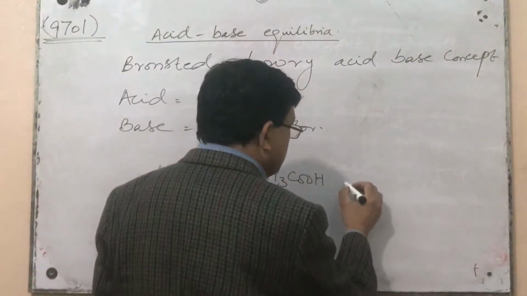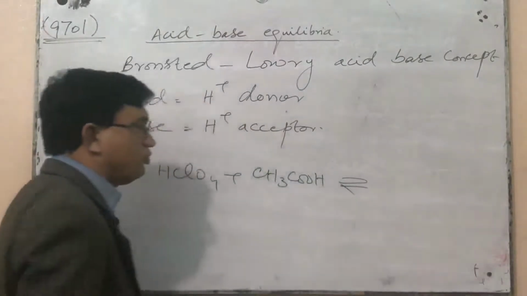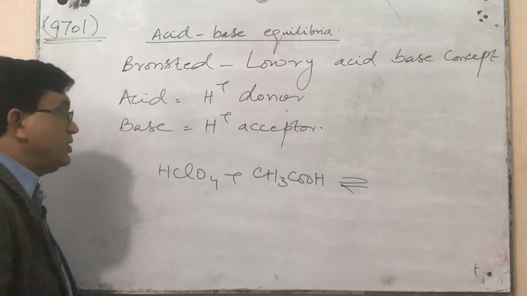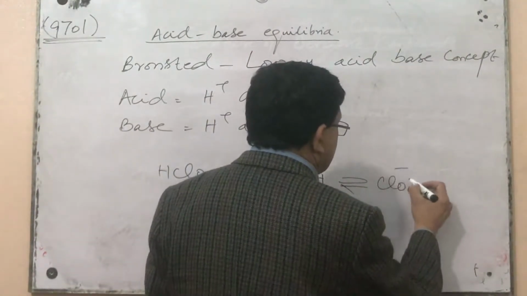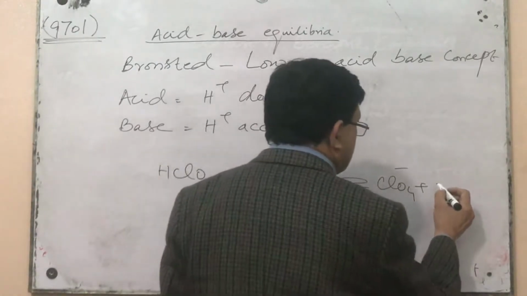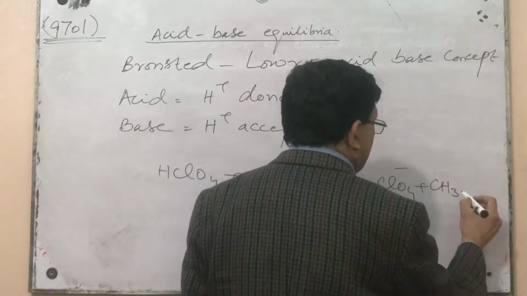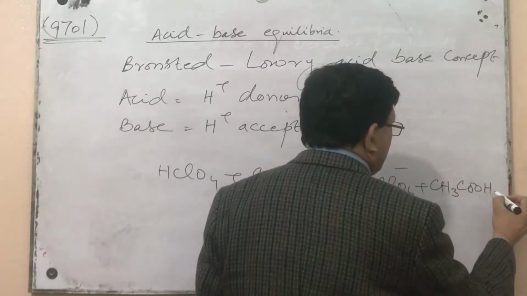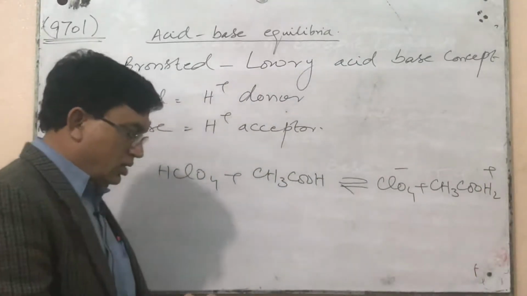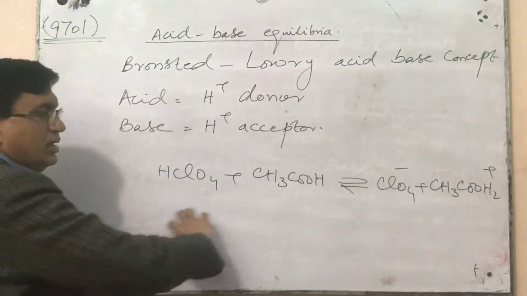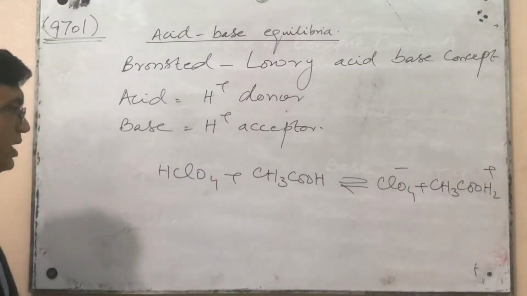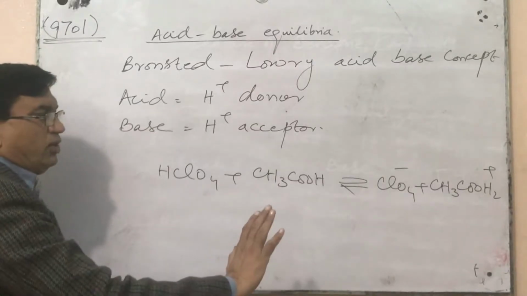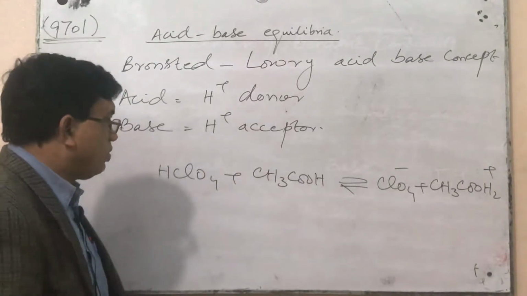Now this reaction between these two acids will establish equilibrium and it will produce ClO4 negative plus CH3COOH2 positive. Now this is the reaction between two acids. Here no aqueous solution is required.